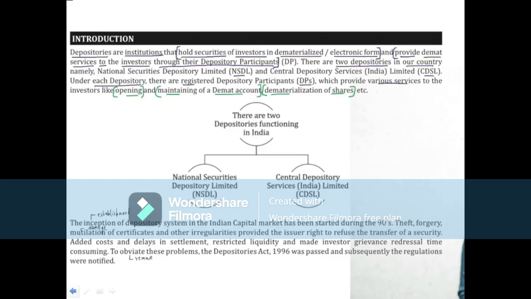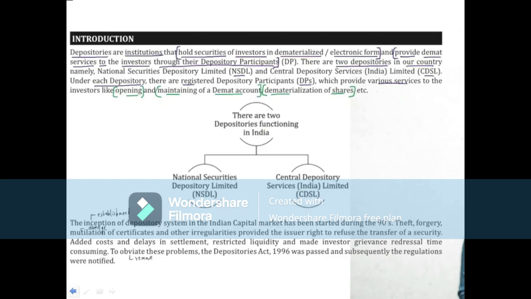Since the securities were in physical form, this led to settlement delays, thefts, forgery, bad deliveries, and also added extra cost.